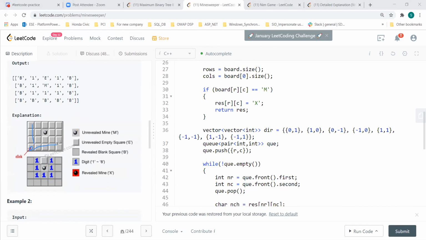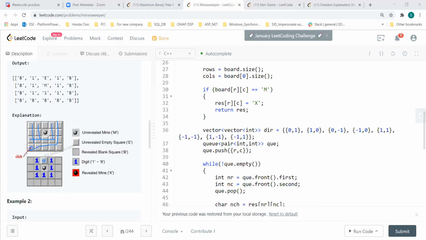You have to do it in such a way that you reveal as many squares as possible based on the rule given. The only thing is, if you look at this one, it is not revealed at all in our example, so you cannot reach that.